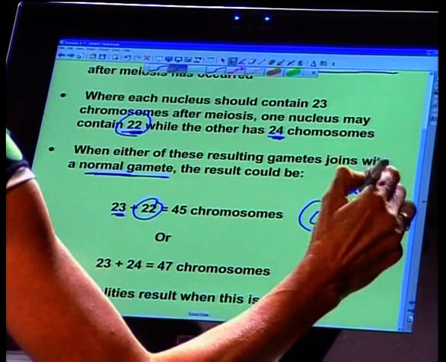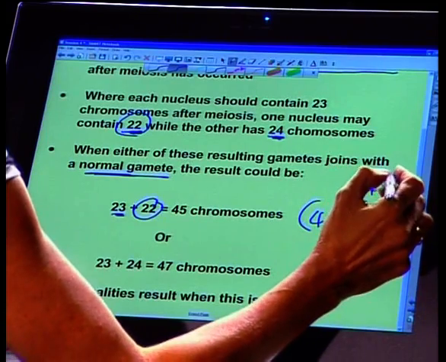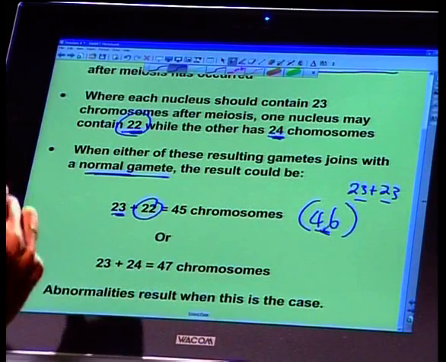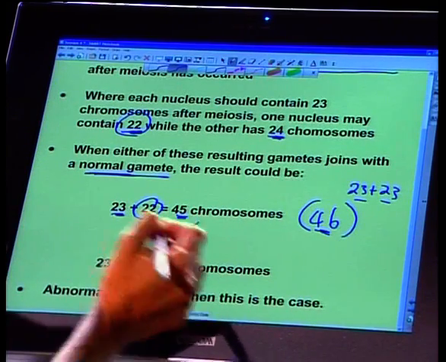It should be 23 plus 23 chromosomes: 23 haploids from the mom, 23 haploids from the dad gives you 46 diploids in the zygote. Here we've got 23 and 22 gives you 45. There is a problem because we're missing a chromosome. So what do you think is going to happen? It's going to cause a severe mutation, or the body will spontaneously abort.